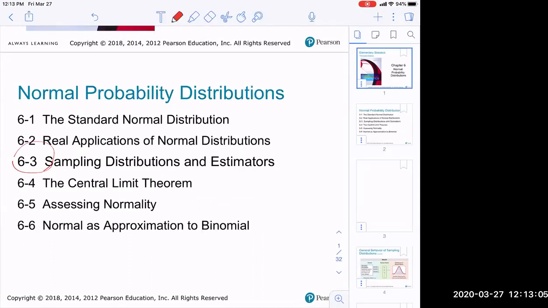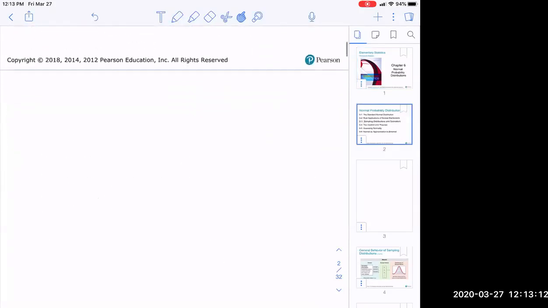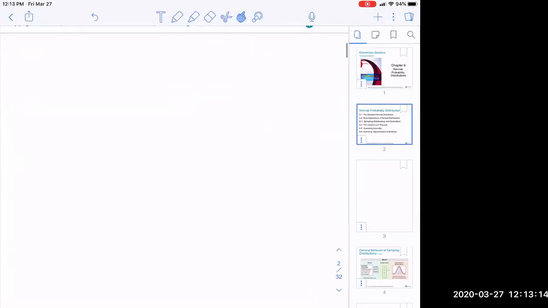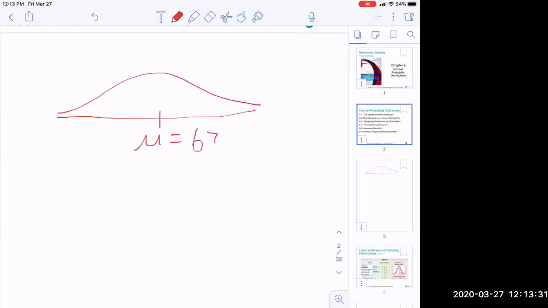When we have been doing individuals, I'll show you what I mean by that. Think of the Navy pilots problem in 6.2. We had a normal distribution with women. We had a mean of 63.7 inches, standard deviation of 2.9.